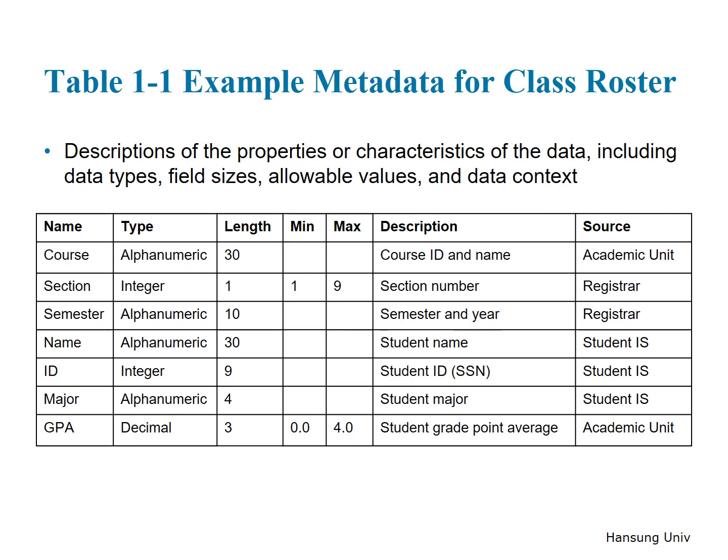Descriptions of the properties or characteristics of the data, including data types, field size, allowable values, and data context. So there are course, section, semester, name, ID, major, GPA, and then the types of course: alphanumeric, length, and description, course ID and name, source, academic unit, and so on.